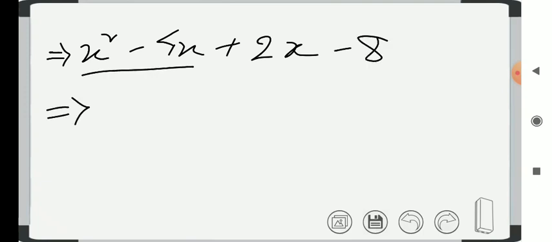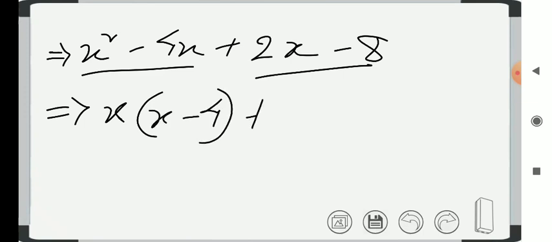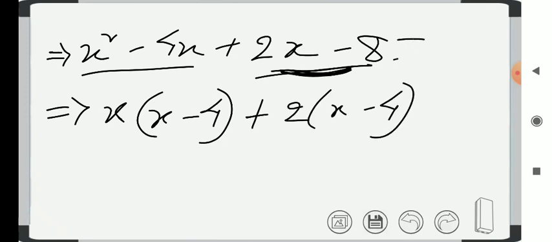Then let us combine these terms, because we have already done this in class 9. If you are having some problem with middle term splitting, you can comment and ask us to upload videos related to it. We take x as common from the first two terms, and 2 as common from the last two, giving x into x minus 4 plus 2 into x minus 4 equal to 0.